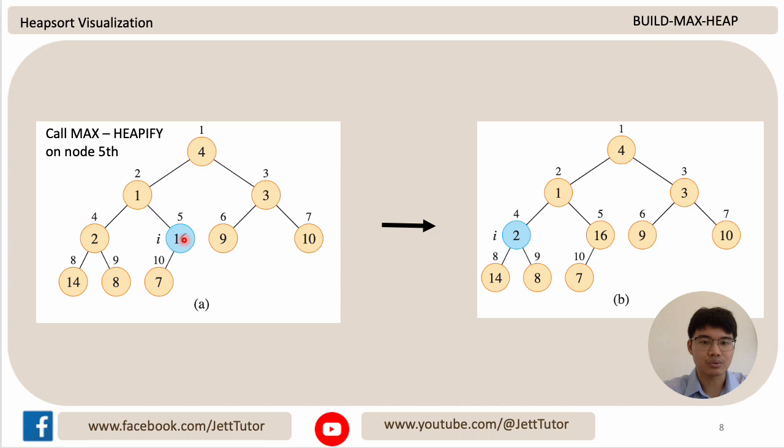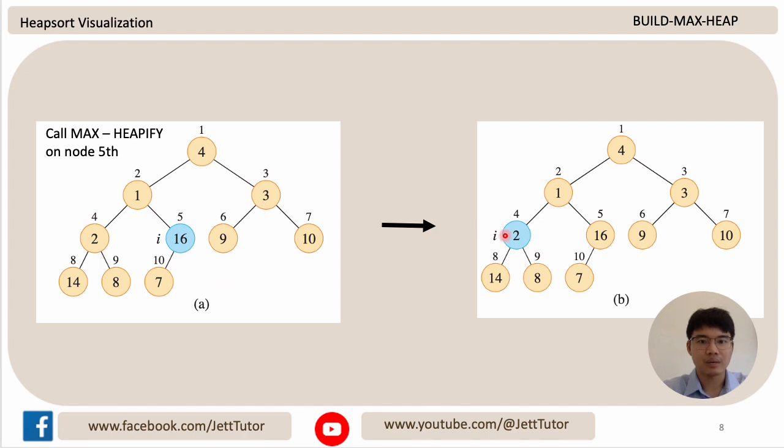Then we go to node 5. Since node 5's value is 16, which is greater than its child node, this is good. So we move on to node 4. Node 4's value is 2, but the left and right children are greater than its value.